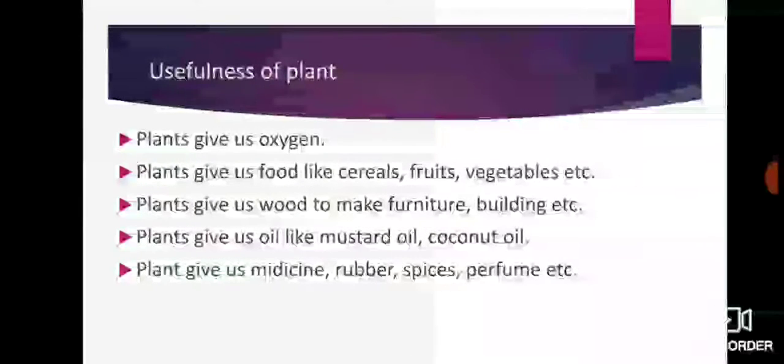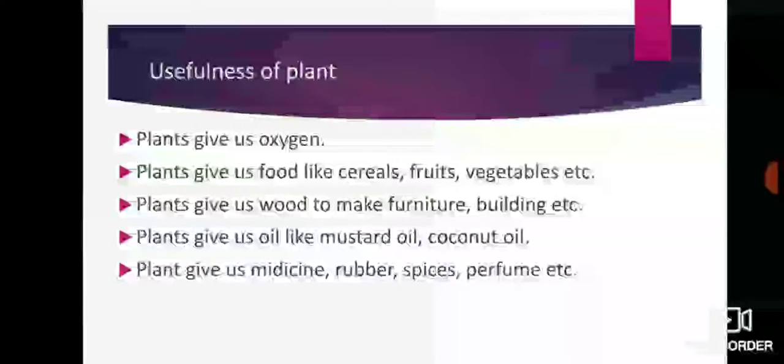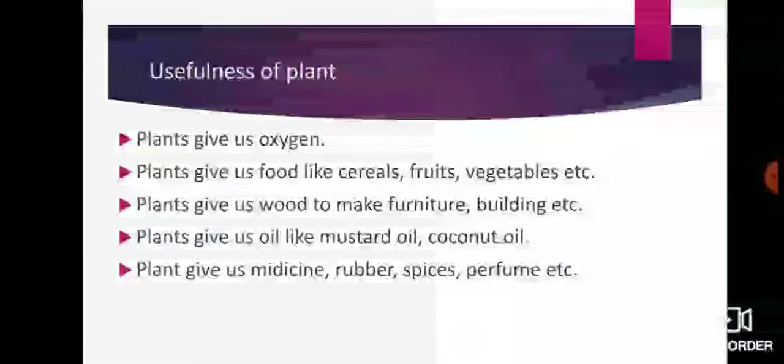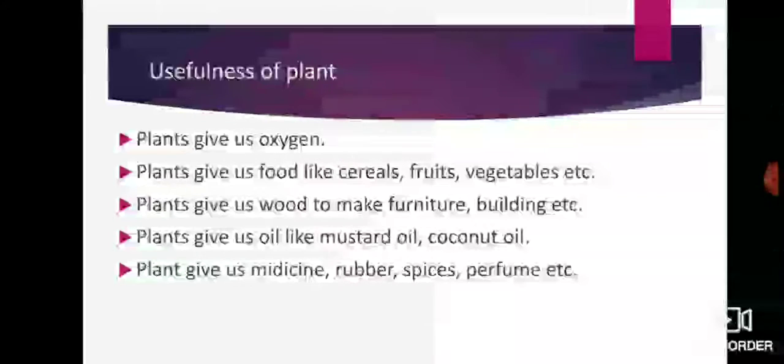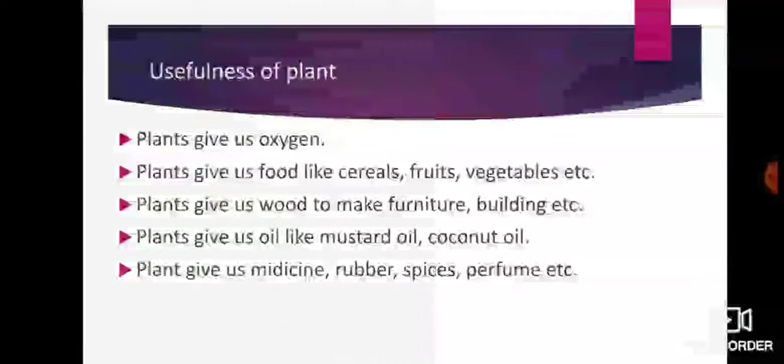Usefulness of plants. Can you say the names of 5 things which we get from plants? Of course you can say. Here are some usefulnesses of plants. I have written here. What are these? From plants we get oxygen.